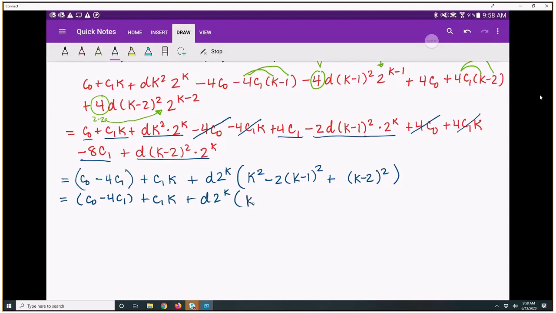This will be k squared. Then (k minus 1) squared should be k squared minus 2k plus 1, so that's going to be minus 2k squared, plus 4k, and minus 2. And then (k minus 2) squared should be k squared minus 4k plus 4.